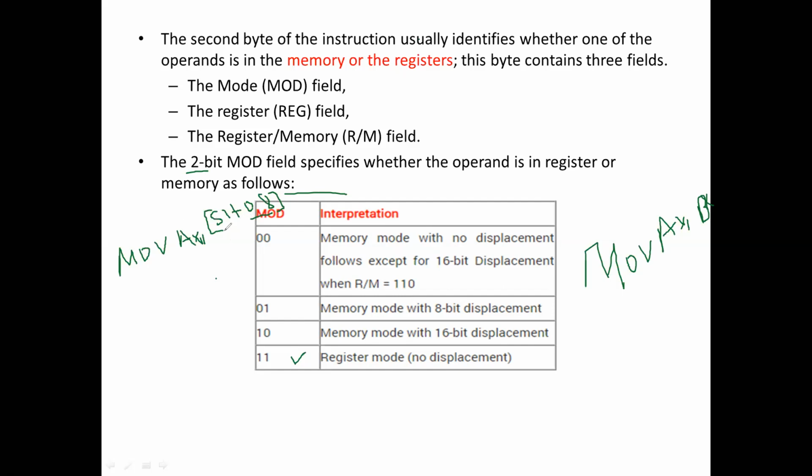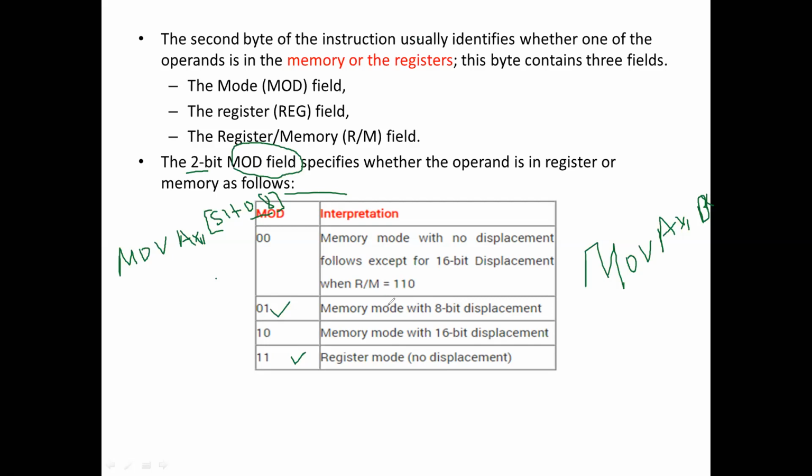The effective address is calculated by adding the number stored in SI with the 08 value. Then the final effective address is formed. The data from that effective address will be transferred to AX. This is the function of this instruction, which we already discussed in detail during the instruction set description. Now, what should be the mode field for this instruction? 0 1.